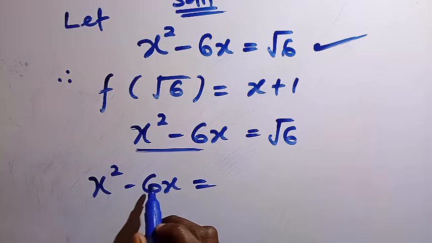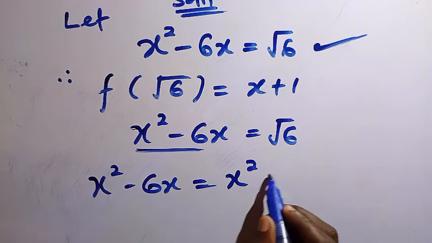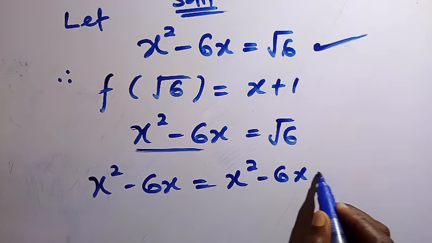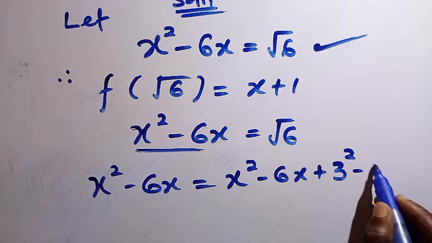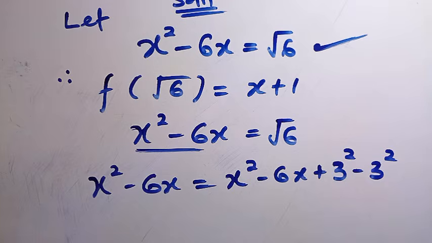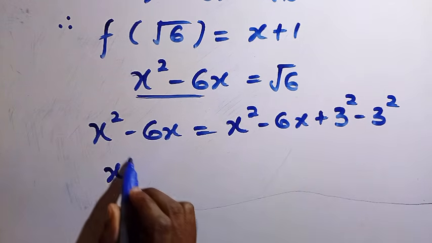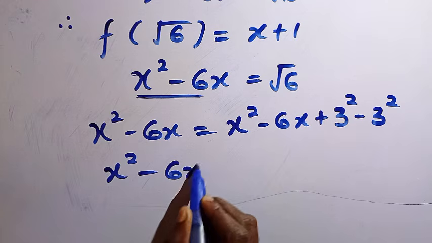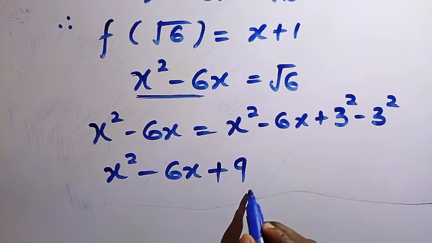Then let me add 3 squared and subtract 3 squared, as we have x squared minus 6x plus 3 squared minus 3 squared. So this becomes x squared minus 6x plus 3 squared, which gives us 9.